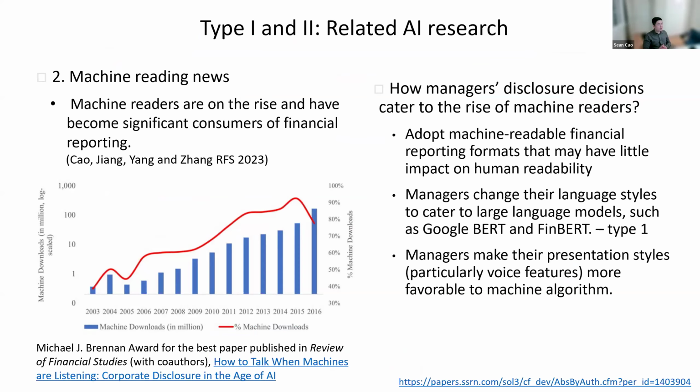Our study was done in 2018 and 2019, so we didn't have GPT; we had Google BERT. Managers make their language style more favorable to the language models available, like Google BERT. Basically, managers want to make the large language model happy. Managers also go to training camps. They want to make their voice and presentation style better received by machine algorithms. These are the things we documented.